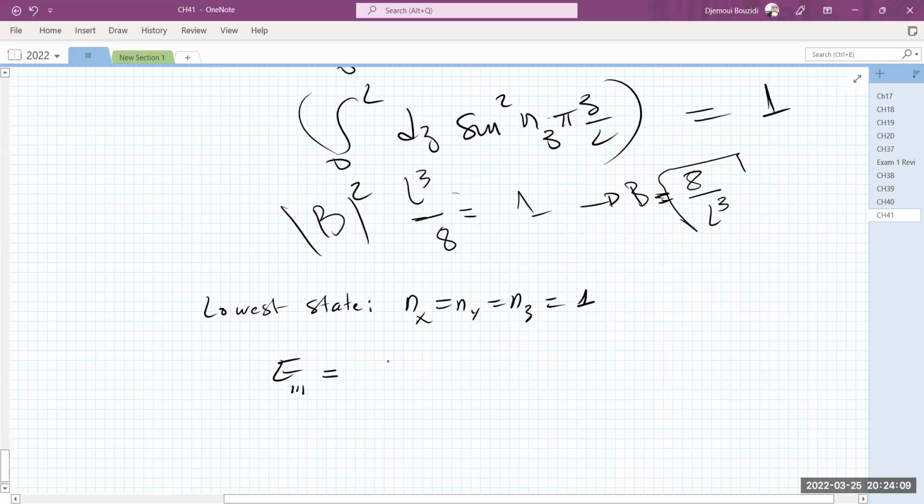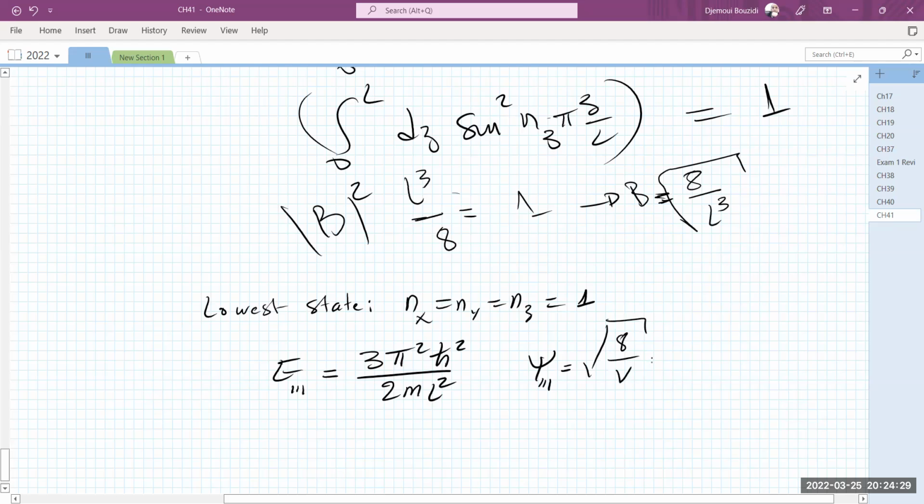So this becomes simply 3 pi squared h bar squared over 2mL squared. So this is the lowest energy level. And this corresponds to the function psi 111, which is equal to that constant b, which is the square root of 8 over L cubed, or volume, times sine of pi x over L, sine of pi y over L, sine of pi z over L. So that is one ground state with one energy.